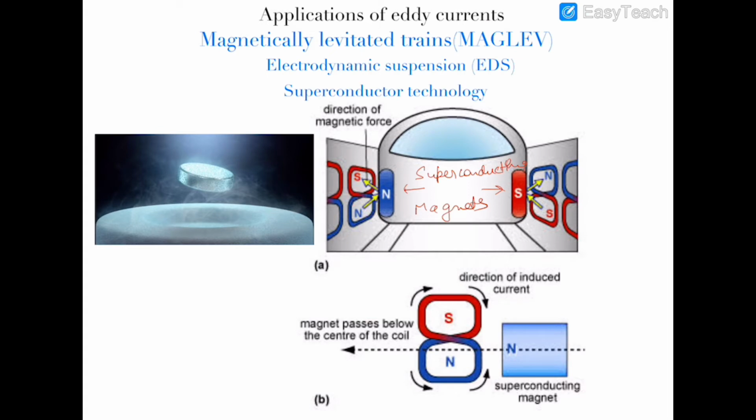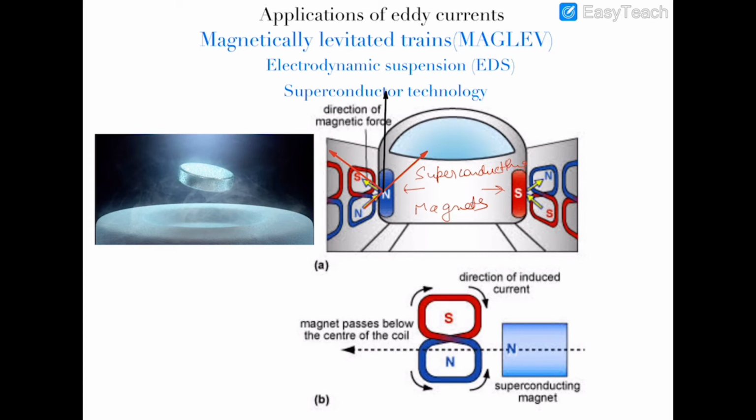So you can see in the diagram that this south pole will attract this north, and a force will be generated like that on this north pole, and obviously this north pole is attached to the train, and therefore this force is acting on the train itself. And this north will repel this north, and this force will be generated. Therefore a resultant force will be generated in the upward direction. The components of these two forces are in the upward direction.